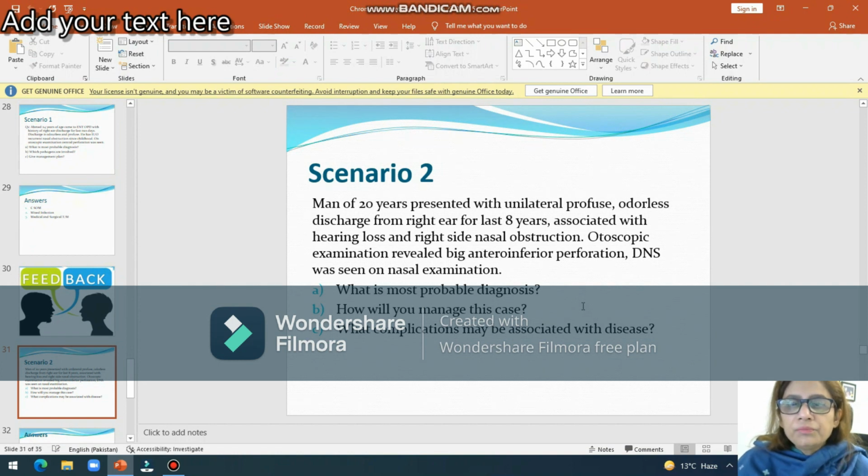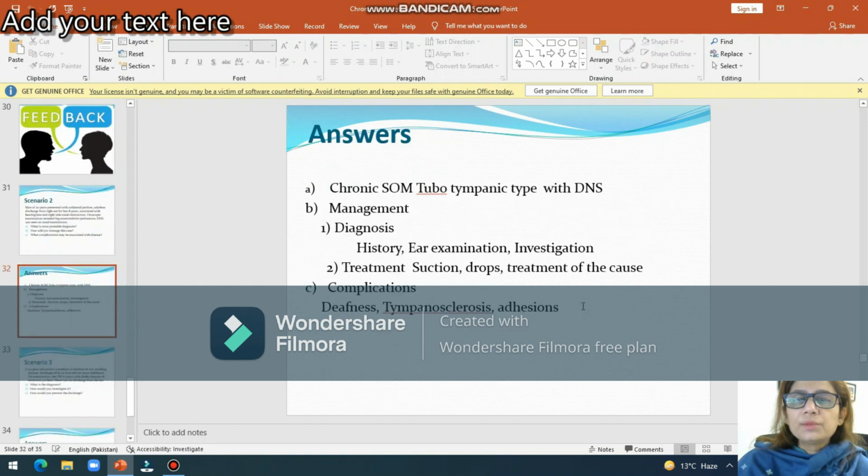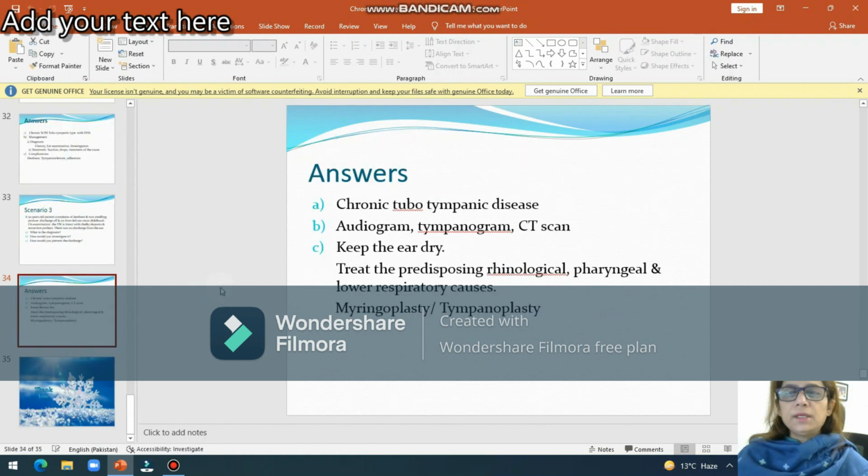Management is the same. Complications of chronic suppurative otitis media in safe type are deafness, tympanosclerosis, adherence, and mastoiditis, and deafness is the hearing loss that is of conductive type. So management is the same as we have discussed in the previous scenario.